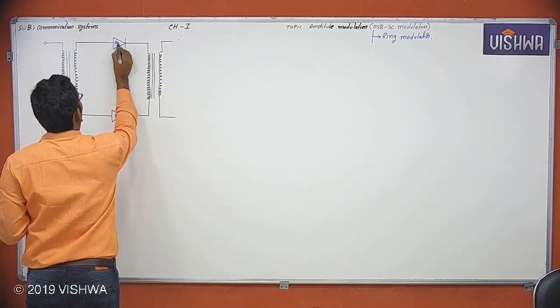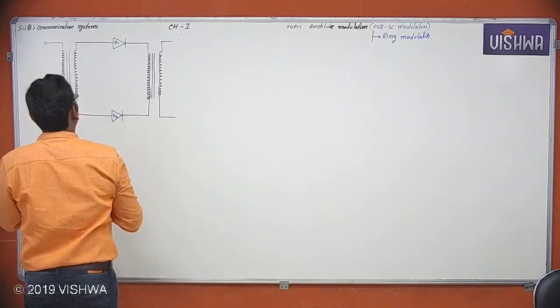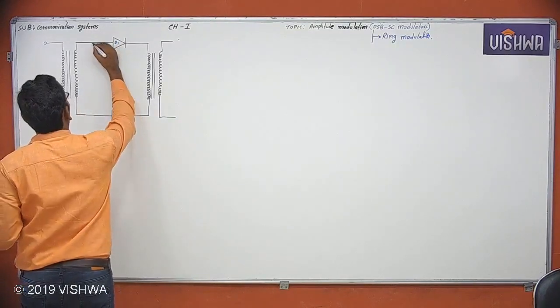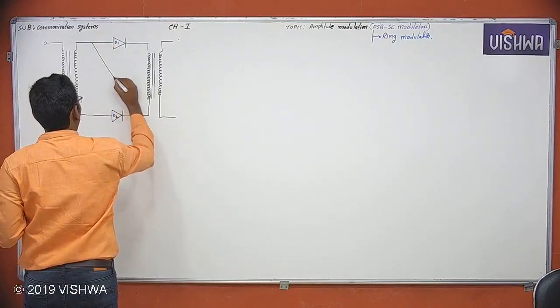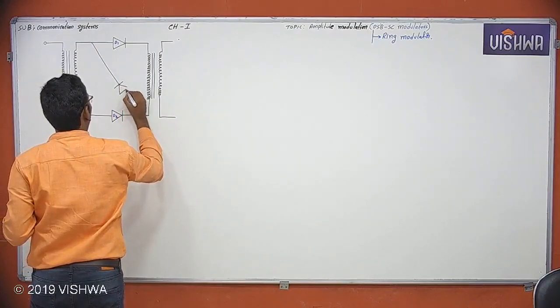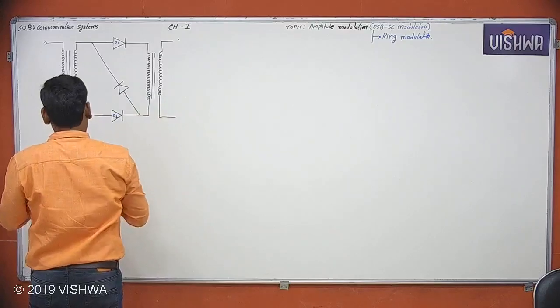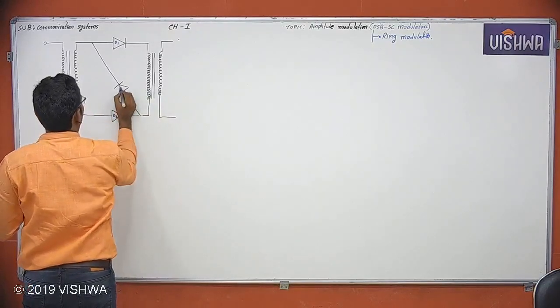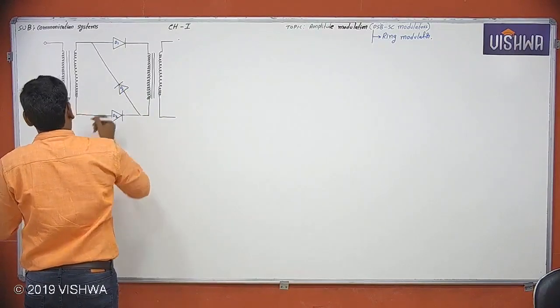Now this is diode D1, this is diode D2. Now this is diode D3. Now this is diode D4.